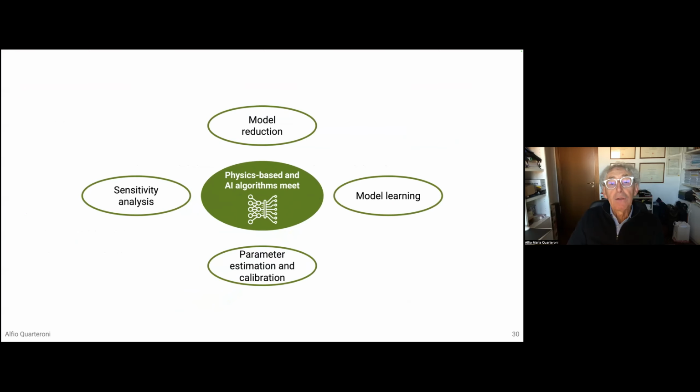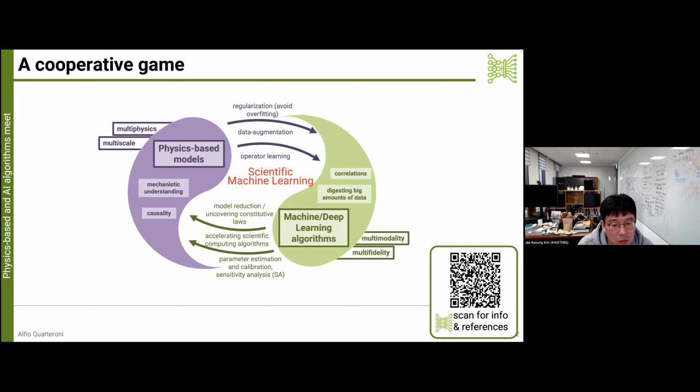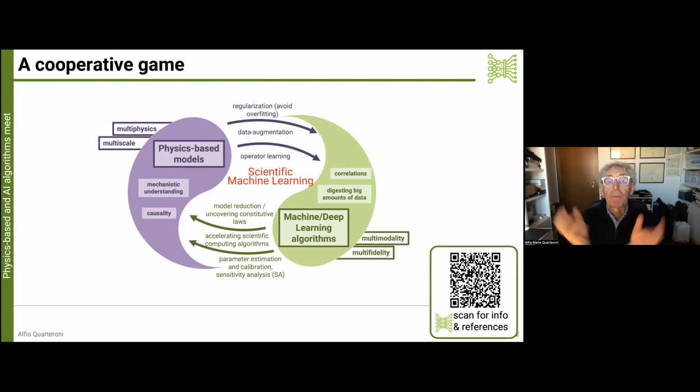What you see on the left-hand side here is all that I've been doing so far with the physics-based models. On the right-hand side, we have algorithms that are based on artificial neural networks, essentially. And we exploit the interrelation between the two approaches. This is what today we can call scientific machine learning, or mathematical fusion between the two approaches, with multiple purposes, as I was mentioning before.